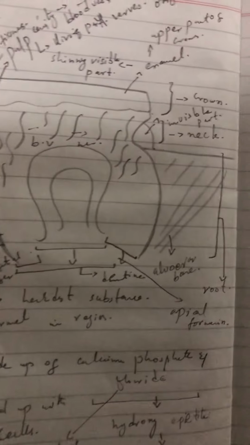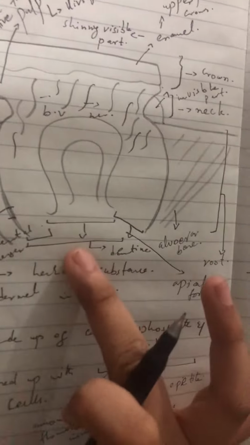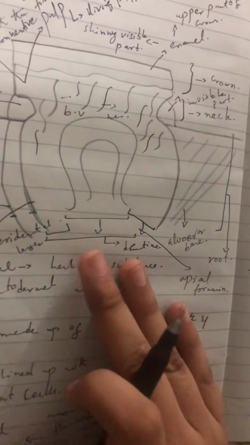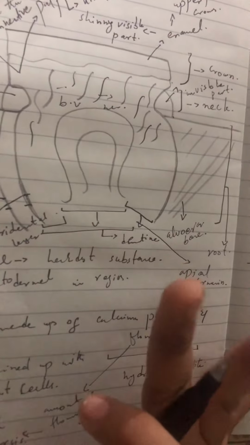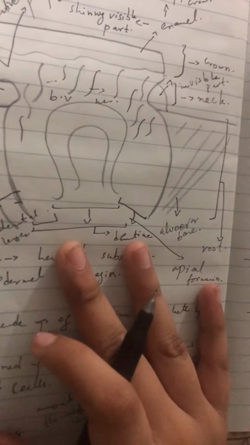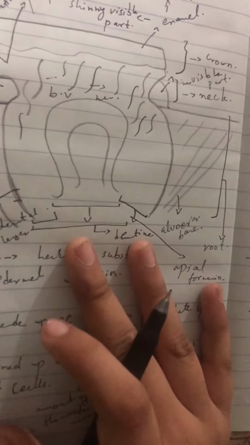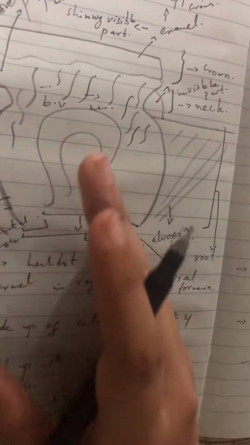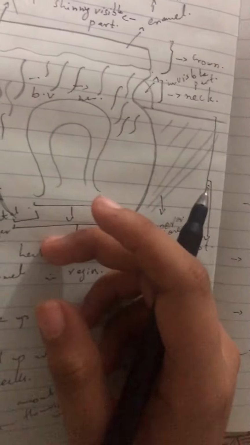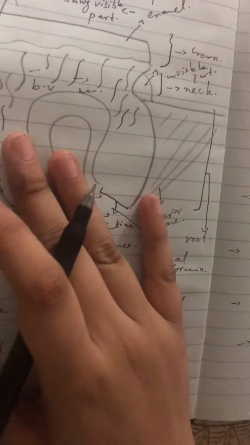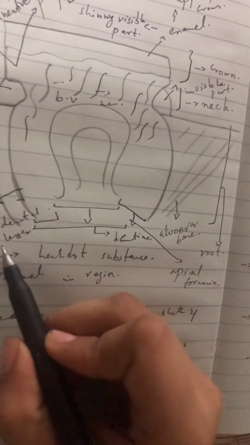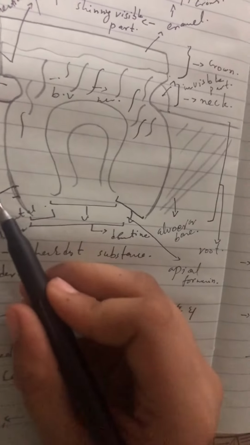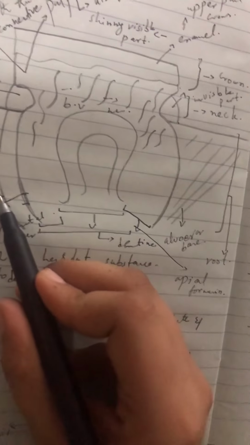Apart from this, we are having here dentine. It is the outer layer of dentine called the periodontal layer, and it is lined with the odontoblast cells. It is mesodermal in origin and made up of calcium salt. Outer layer of dentine, as I told, is the periodontal membrane, and the layer between the periodontal membrane and bone is called the cementing layer.